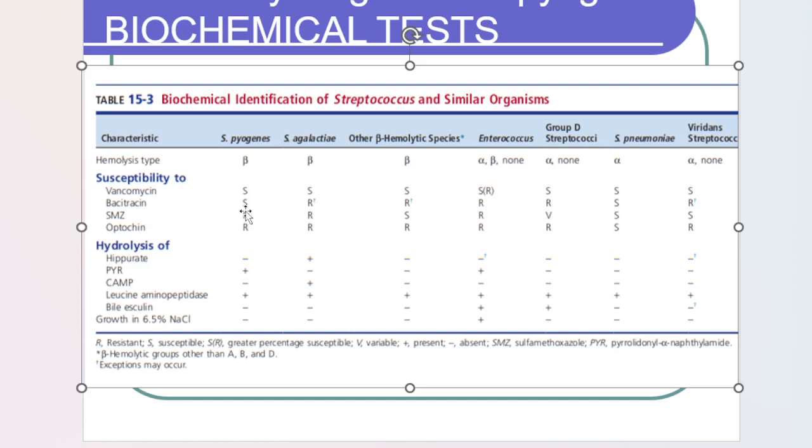So, for bacitracin, we can use bacitracin to differentiate pyogenes and agalactiae. If it has a beta hemolytic pattern, you can use bacitracin. Okay?